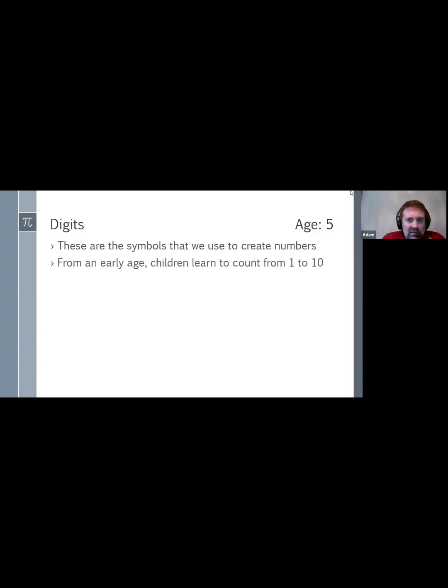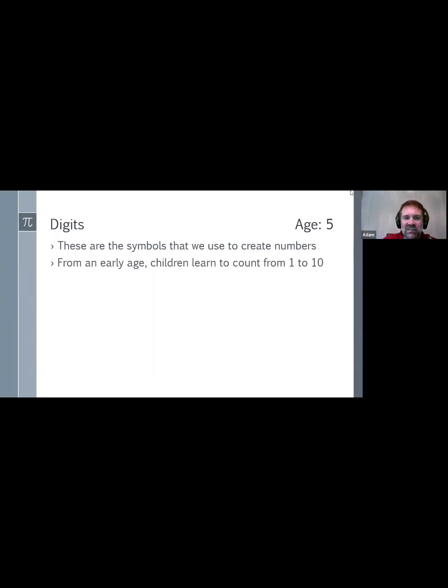I think most people will have already started with digits even before coming to math or formal education, going to Classical Conversations or wherever you're at. You've already taught them the numbers 1 to 10. We pride ourselves on helping them, and we're so happy when they learn how to count from 1 to 10, and it's like, oh great, you did.